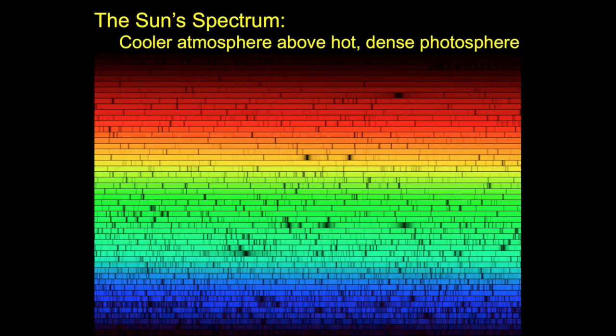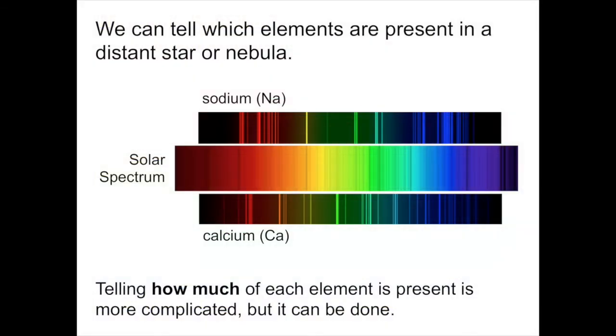By comparing the different absorption lines that appear in a star spectrum with the spectrum that we take in the laboratory of pure elemental samples, we can use that information to tell which elements are present in a distant star or a nebula. For example, here's the spectrum of the sun now, shown in a compressed form. On top is the spectrum in emission of sodium. This is a sodium gas flame spectrum.